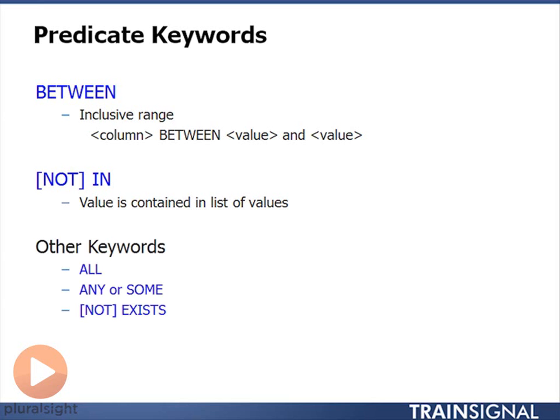And you'll also notice that we've got keywords like all, any or some, and exists. All of those we're going to return to when we take a look at subqueries, because that's going to be the most common place where we'll utilize the in, the all, the any, the some, and the exist syntax. So we'll come back to those a little bit later, but I just wanted to list them for right now.